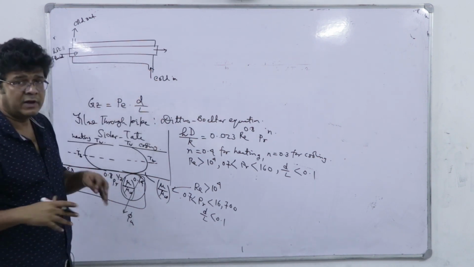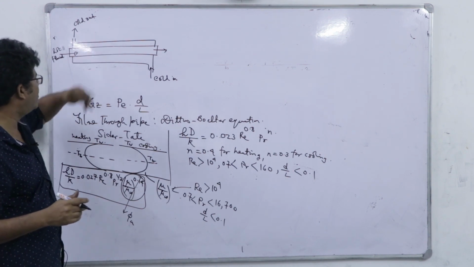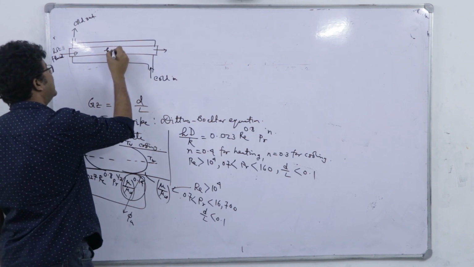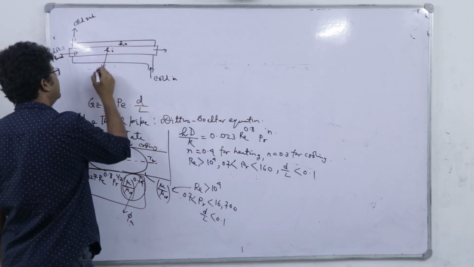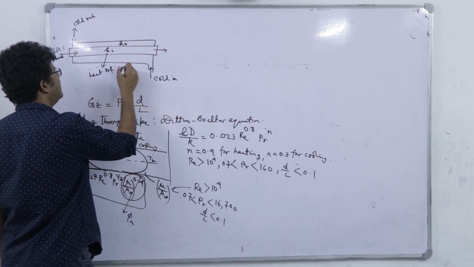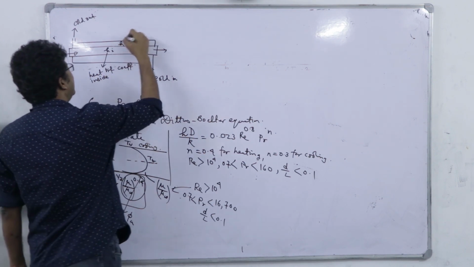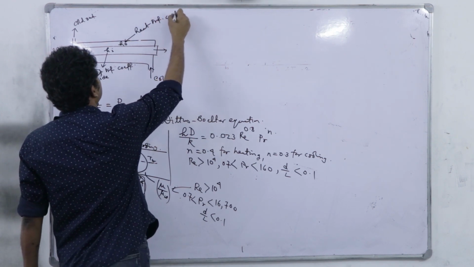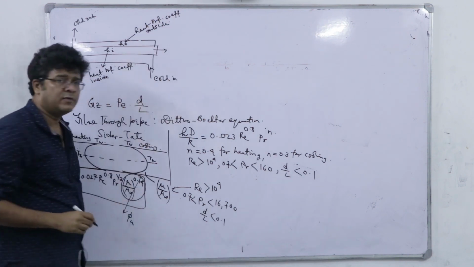We will see how it will be calculated. In order to calculate the overall heat transfer rate, right, we must know hi and ho, that is the heat transfer coefficient inside, and this is the heat transfer coefficient outside, right, and both may be in the turbulent flow regime.